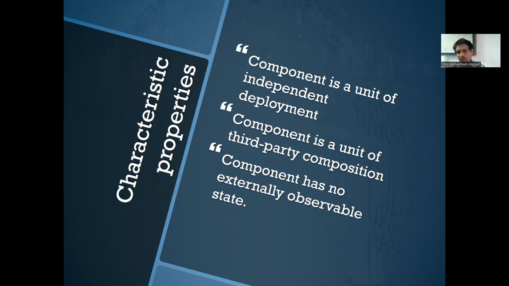A component is also a unit of third-party composition. It doesn't mean you have to develop from scratch. You can buy it from the market, where it is readily available, and just use it. One example: if you don't have a payment gateway in your application, instead of creating one, it is readily available in the market. You just need to attach it to your application and start working on it. Through a third party, we get it at a much cheaper price.